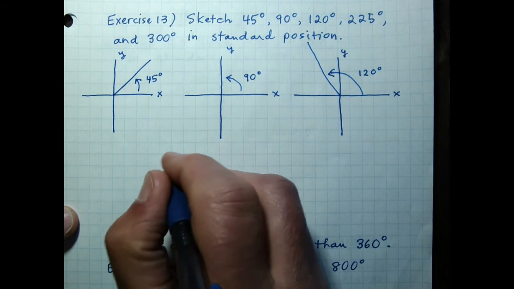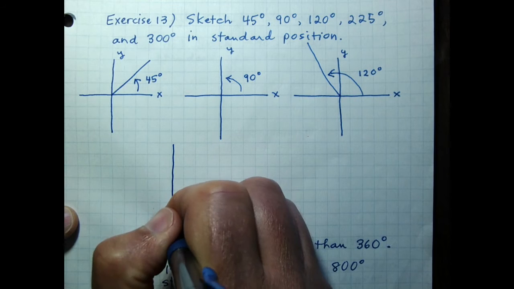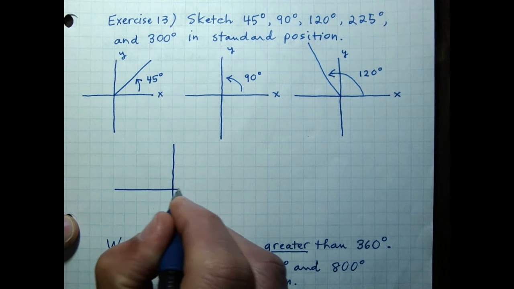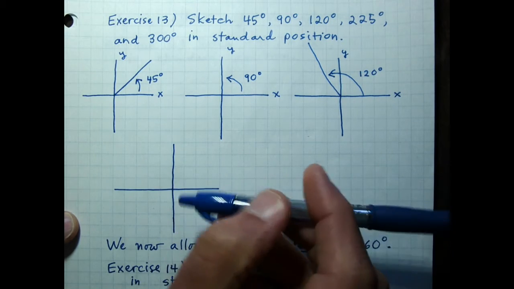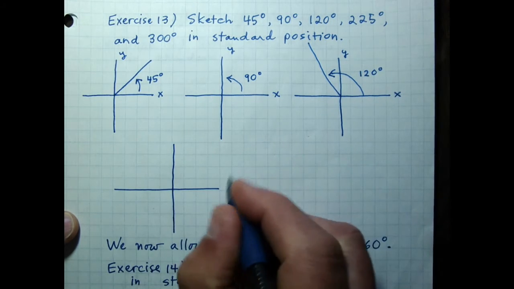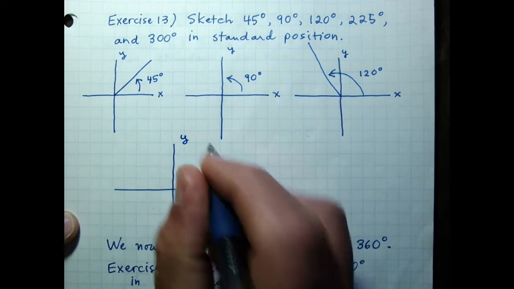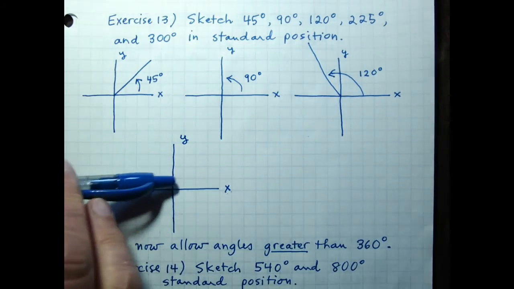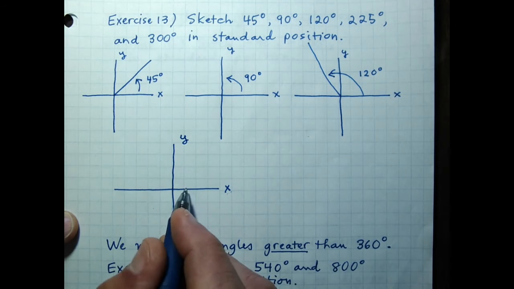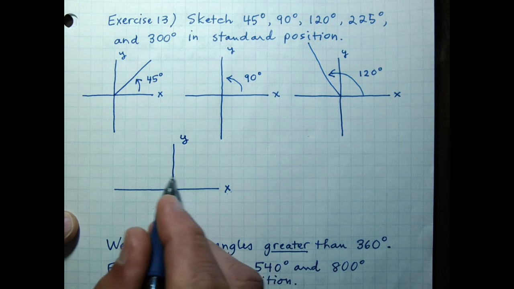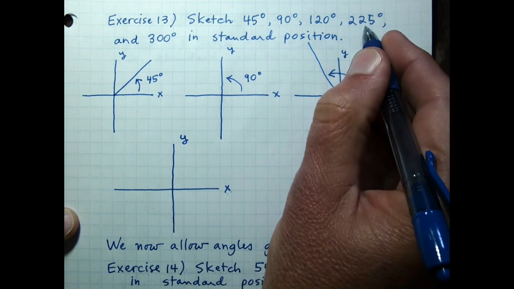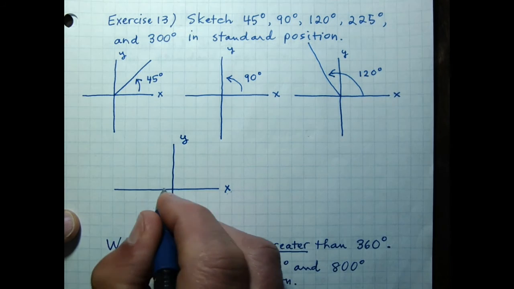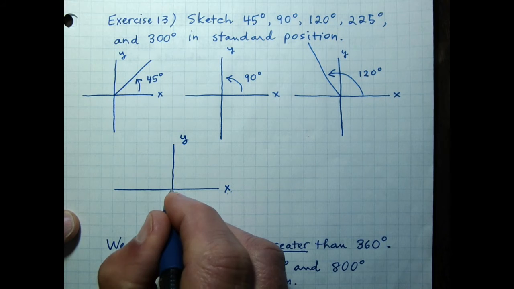225 degrees we want to draw also. Let me see. I think in terms of multiples of 90, so here's x and y. 90, 180, we're more than 180. Three-fourths of the way around would be 270, right? So we're not to 270, we're between 180 and 270.